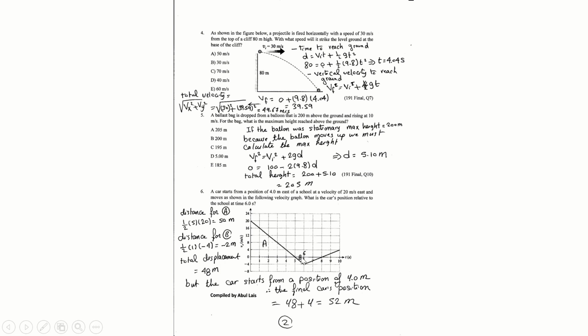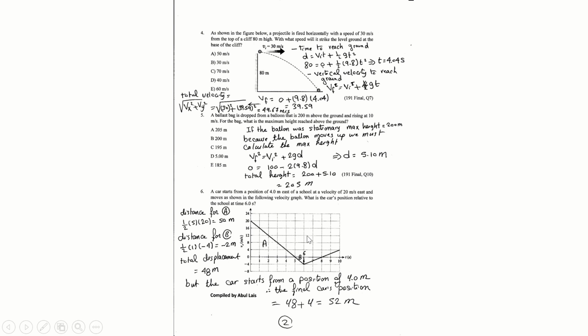Now, for the other triangle, which is B, the length of the base is 1 and the length of the height is -4. So the area would be half times 1 times -4, that would be -2 meters. So what is the total displacement here? 50 minus 2, that will be 48 meters.